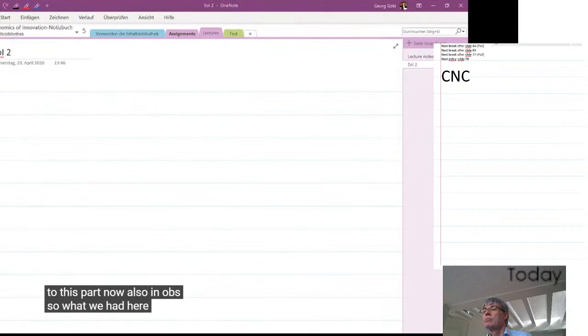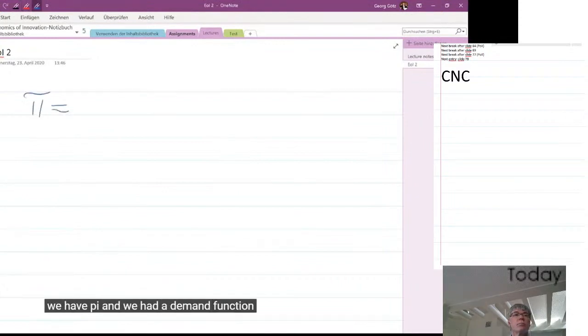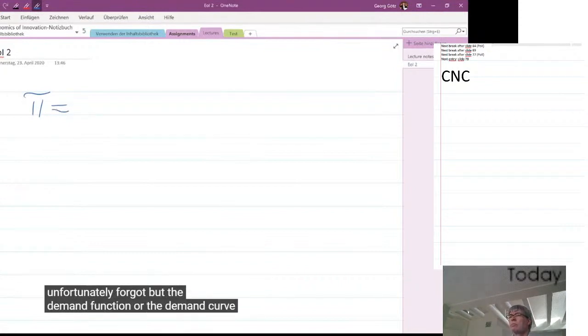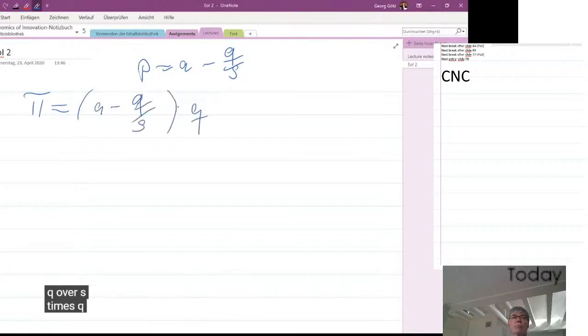So what we had here was pi, and a demand function, which I unfortunately forgot: the inverse demand function, P, was a minus Q over S. Then we write a minus Q over S times Q, minus k times Q, where k is our marginal cost.